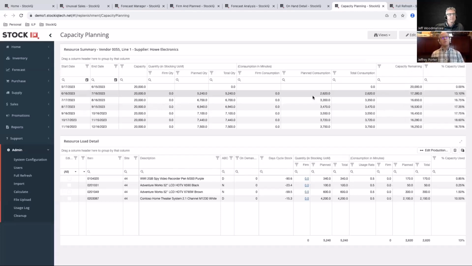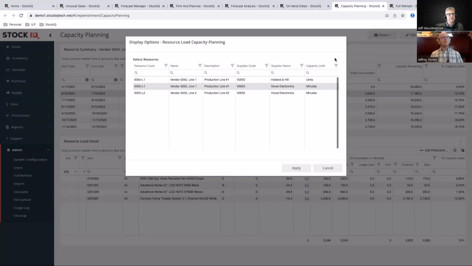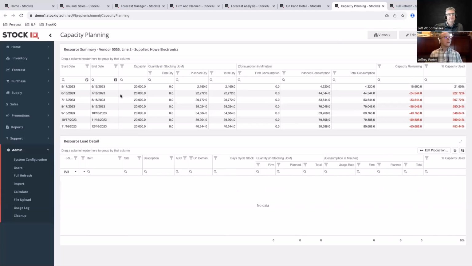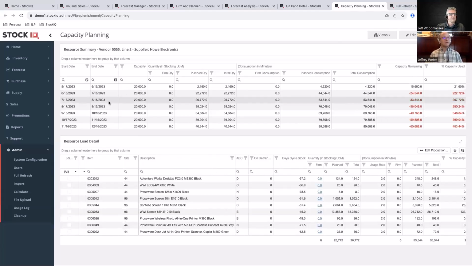You will notice that my planned consumption is sitting out there at 2620. By the way, this is what's making that up. I'm only at 13% of my overall capacity. Not a big deal. Let's take a look at a scenario where my plan to support this from a capacity perspective is going, wow, I'm at 267% of overall capacity.